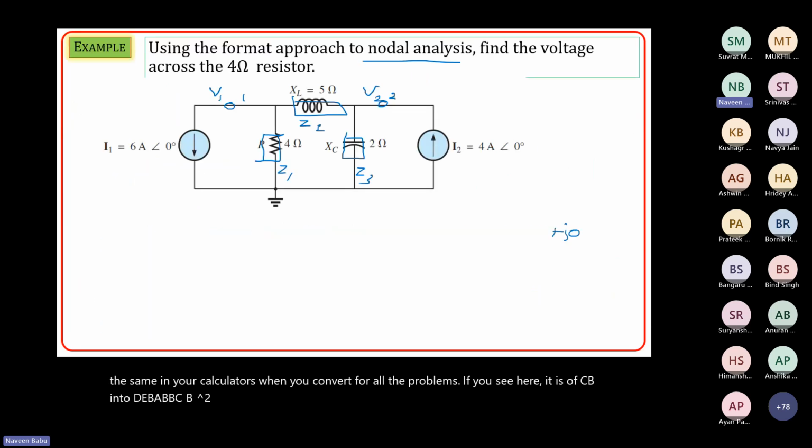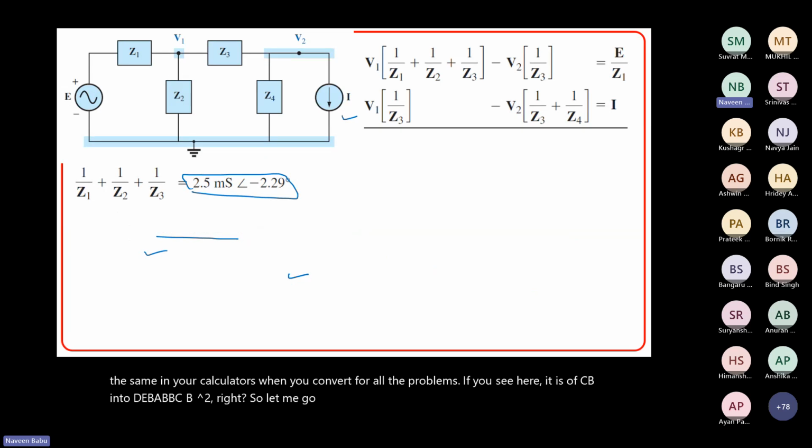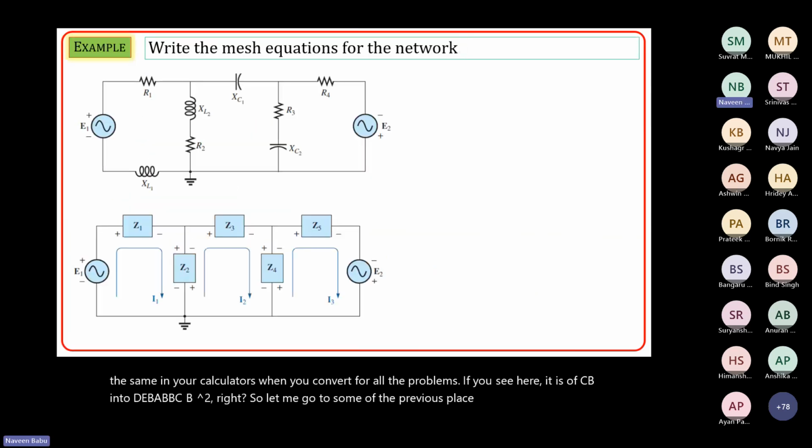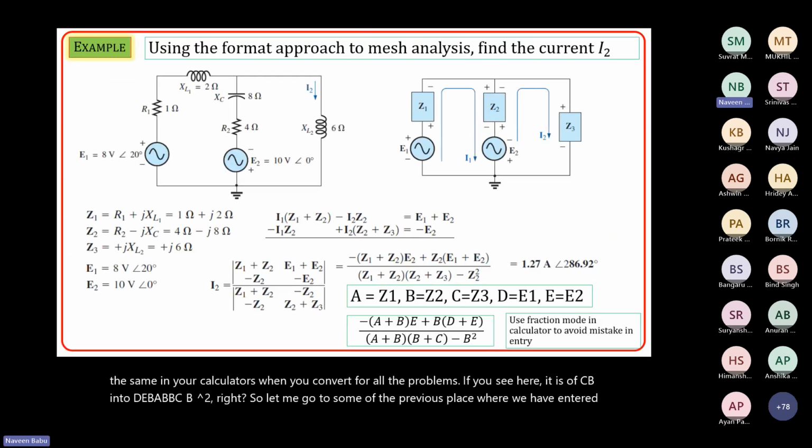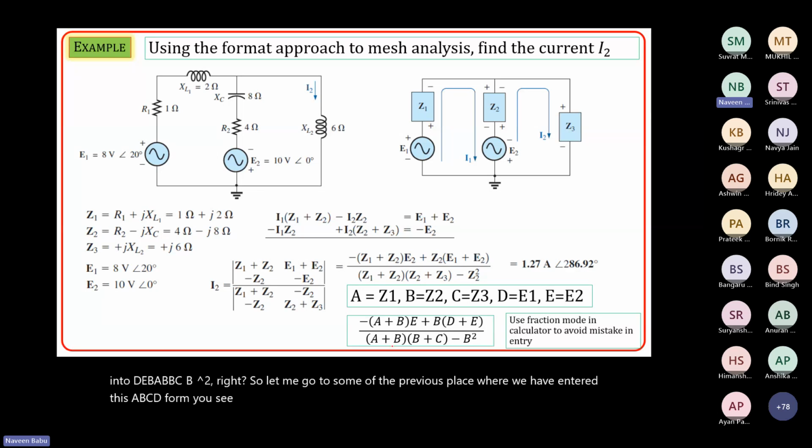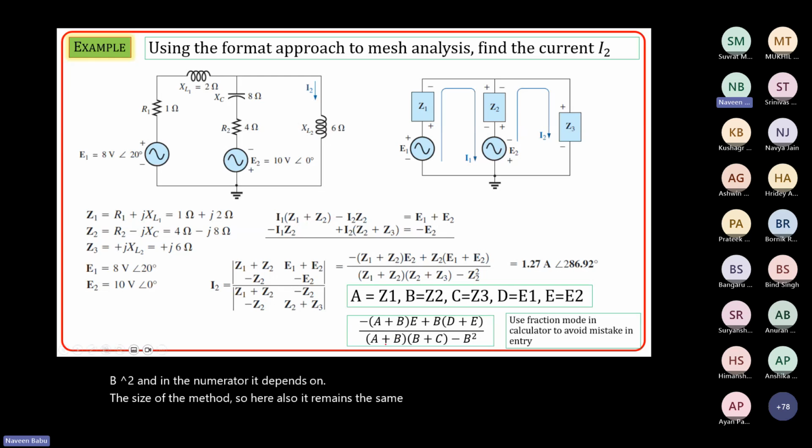So let me go to some of the previous places where we have entered this A, B, C, D form. You see here, it almost remains the same: A plus B multiplied by B plus C minus B squared. In the numerator, it depends on the size of the matrix. So here also, it remains the same.